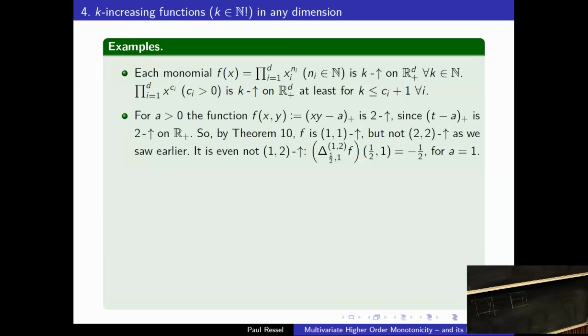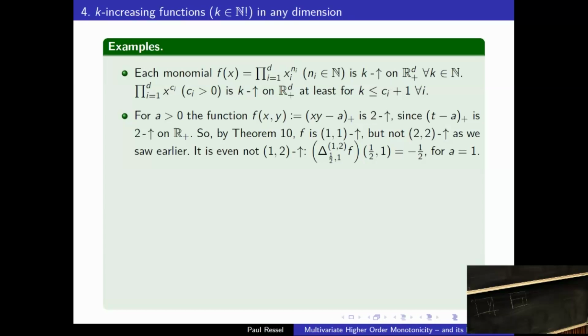This function here, f of xy minus a plus, we knew that it's 2 increasing. Now it's 2 increasing as a function of 2 variables, since x minus a plus is 2 increasing on R plus. So it's a composition: xy is a tensor product, and minus a, so we could already get negative values.